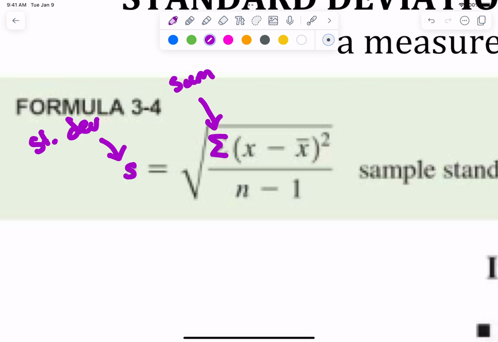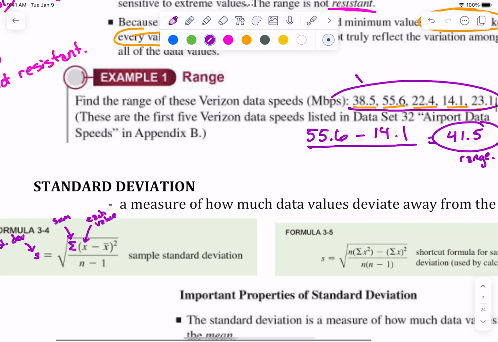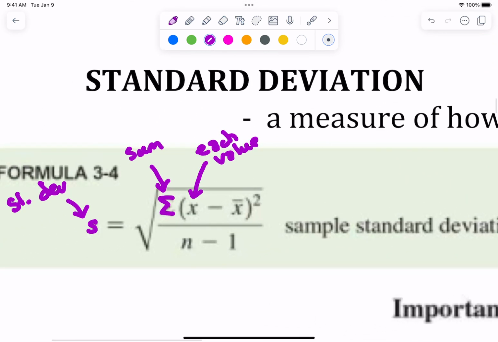What are the X's? What does X mean? It's each data value. So each one of these is an X. This is like X1 and X2 and X3. Those are all my X's. What does X bar mean? The average, or the mean. So we have to calculate the mean from our data.